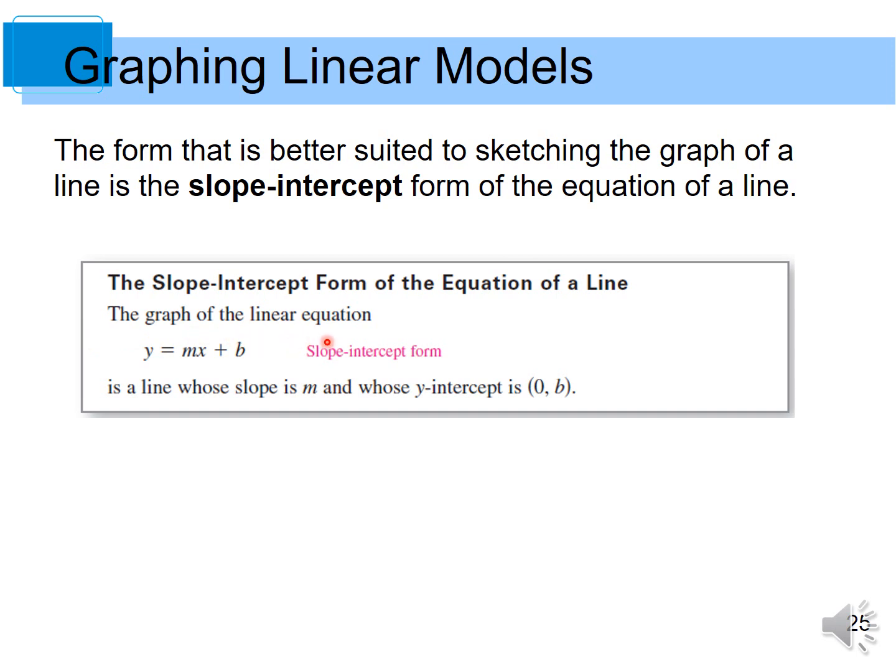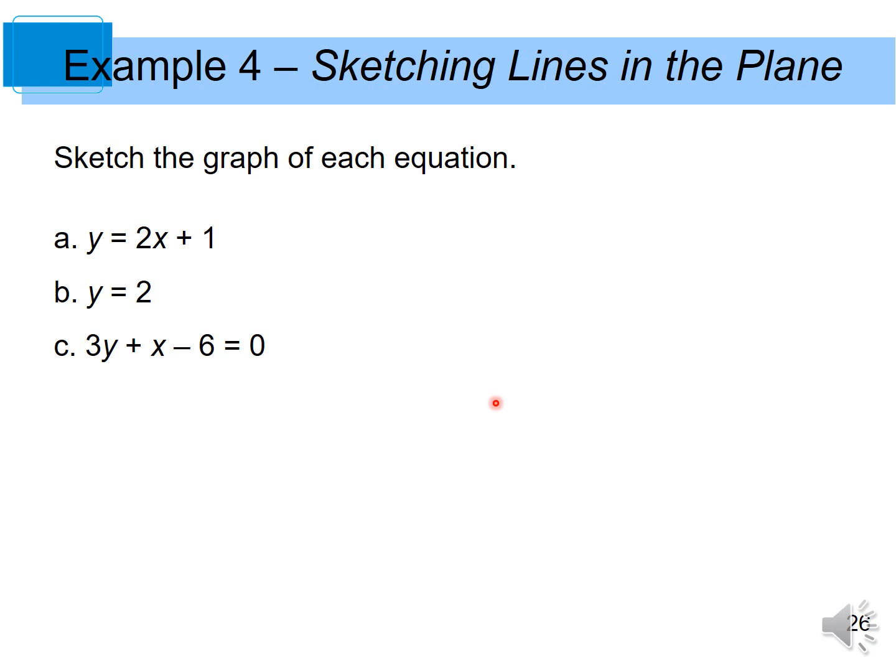The graph of the linear equation y equal to mx plus b, which we call the slope-intercept form, has slope m and y-intercept (0, b). Recall from the first section, the y-intercept is on the y-axis and the x-coordinate is 0. Look at this example. Sketch the graph of each equation.